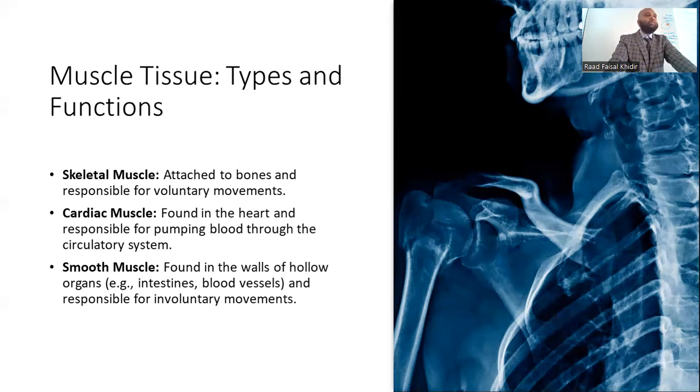The cardiac muscle is the heart pump that pumps blood, nourishing the tissue with oxygen for oxidative phosphorylation, for aerobic respiration, providing nutrients to the tissue and removing metabolic waste and toxic byproducts. That's your cardiac muscle.